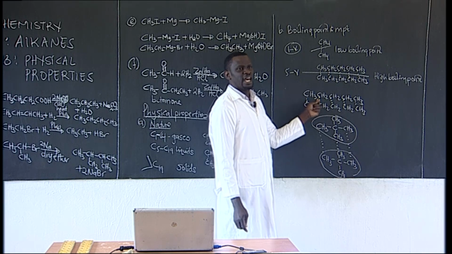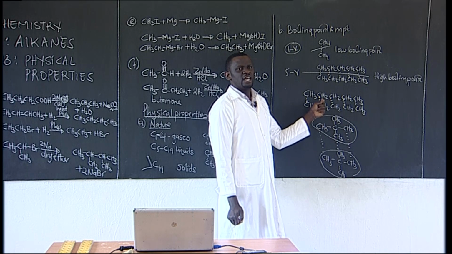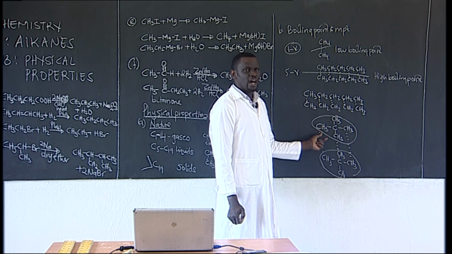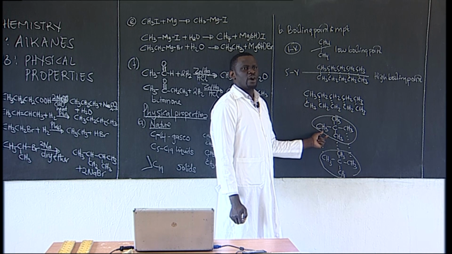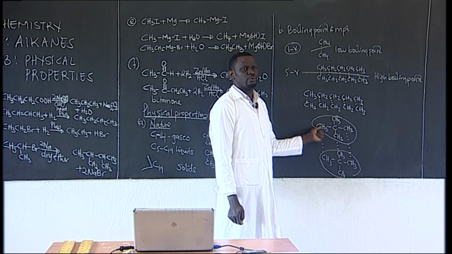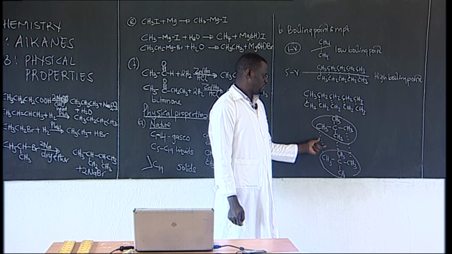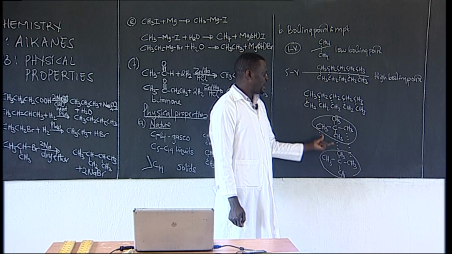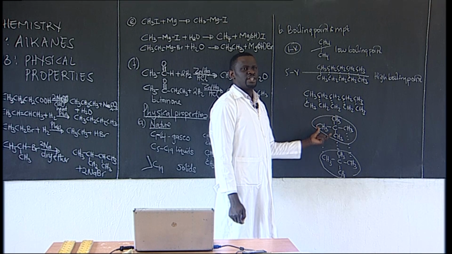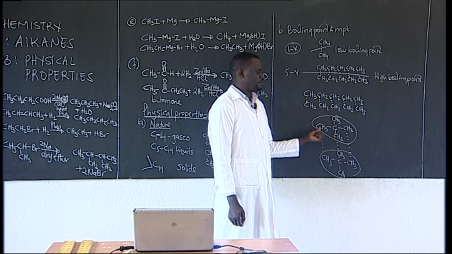That's why we have said in our explanation, because as branching increases, the surface area of attraction, of formation of van der Waals forces, decreases. So here we have less surface area, and this one has more surface area, which leads to decrease in the intermolecular forces of attraction.